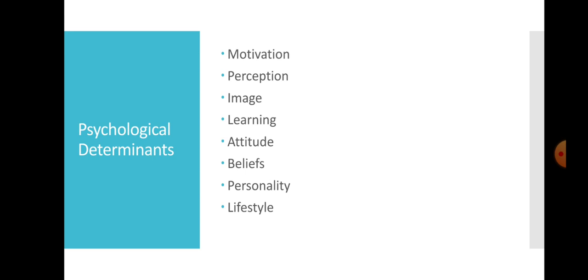The next variable is personality. The personality of a person gradually develops with certain unique characteristics, and these characteristics are called traits. The personality traits of a person are different from other people. They vary from individual to individual.